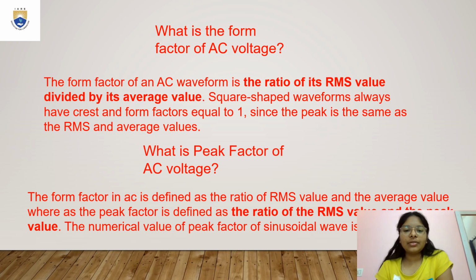Now, what is the peak factor of AC voltage? The form factor in AC is defined as the ratio of the RMS value and the average value, whereas the peak factor is defined as the ratio of the peak value and the RMS value.